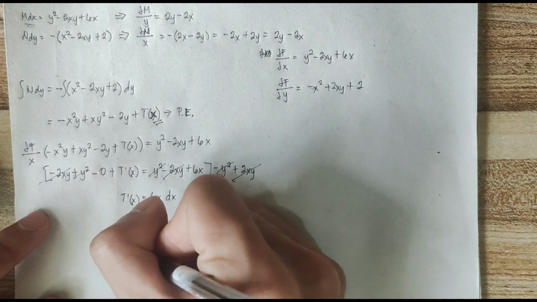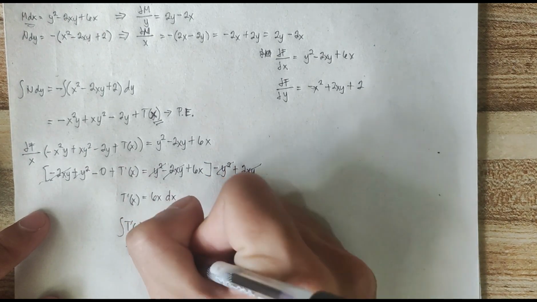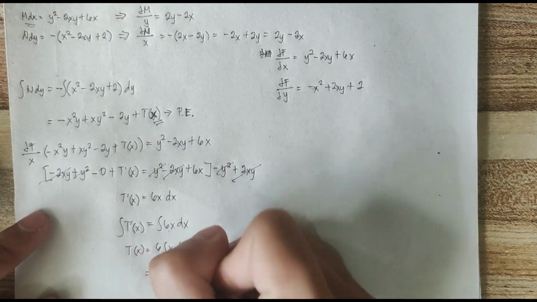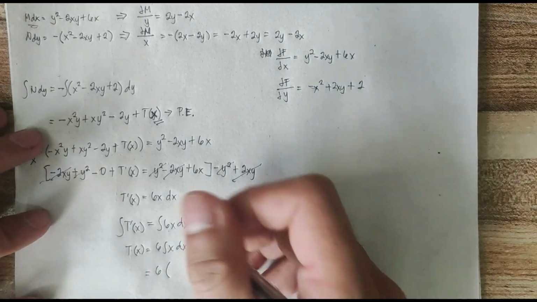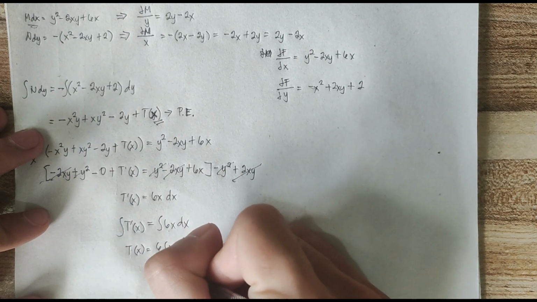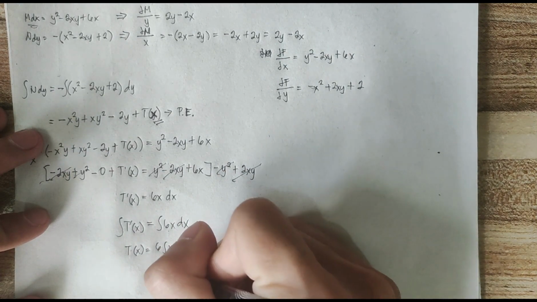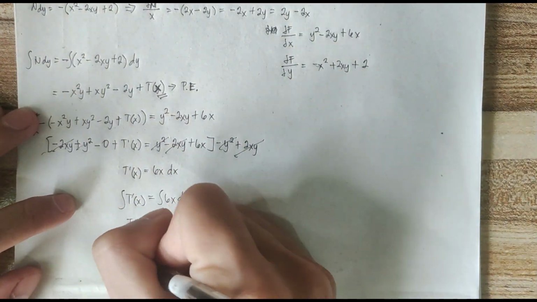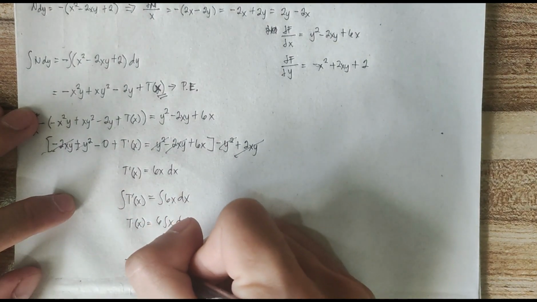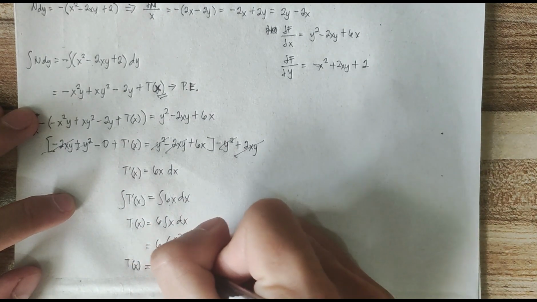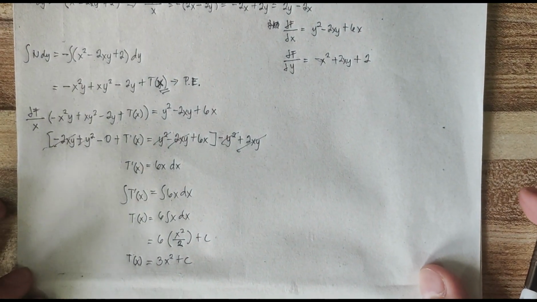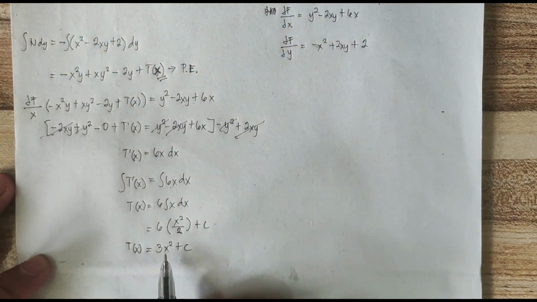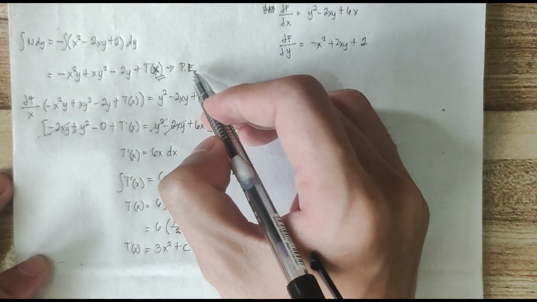That would be t of x equals 6 times the integration of x dx, which is 6 times x squared over 2 plus c, written as 3x squared plus c. Since we now have the value of our t of x, we just simply substitute it into our partial equation.